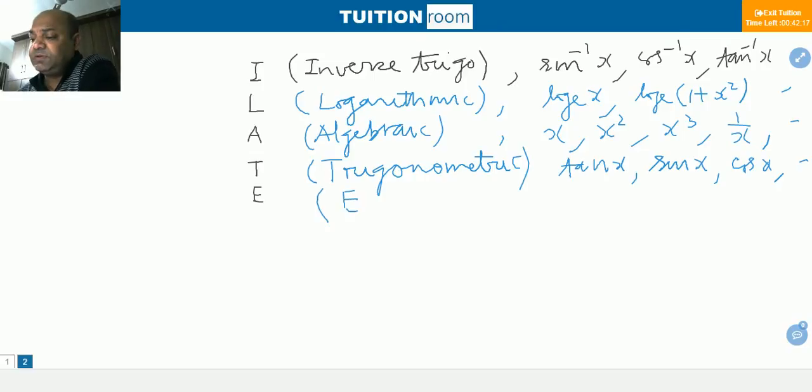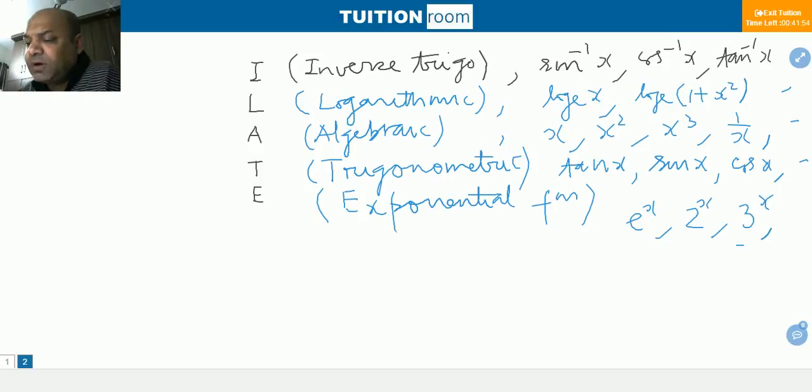Suppose we have to integrate x into log base e x. Then this is algebraic, this is logarithmic. See, from top to bottom, L is prior to A. So L comes before A. It is supposed to be the first function, and this is the second function. Another example.